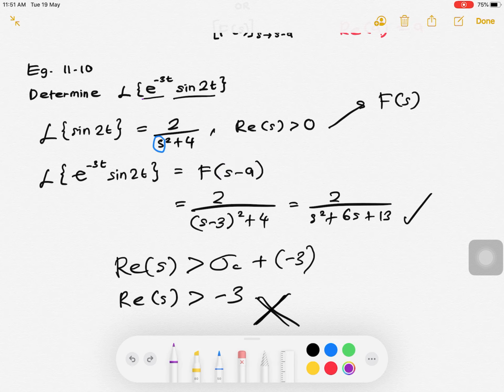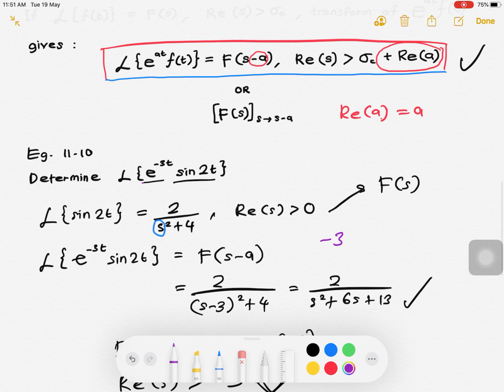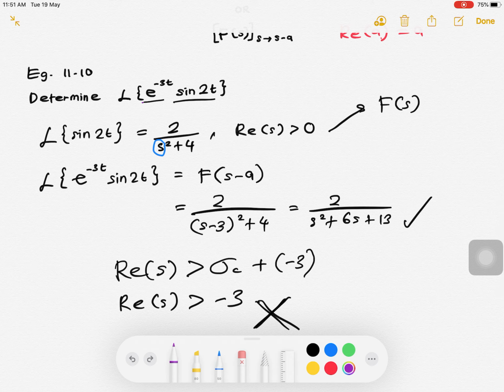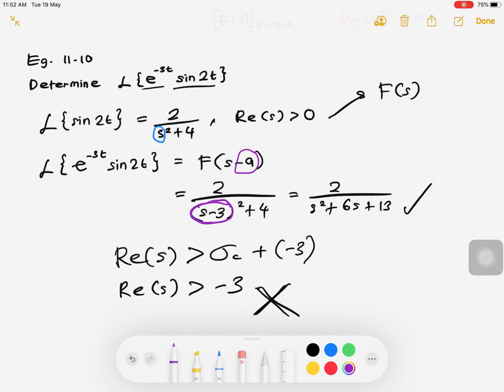So a is what? A is negative 3. I'm not sure whether this is positive or negative, but you can check it in example 11.10. When we replace it, this is the only part that we replace by adding the minus a right here.